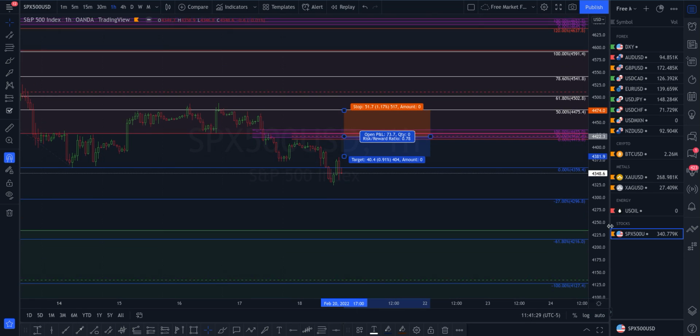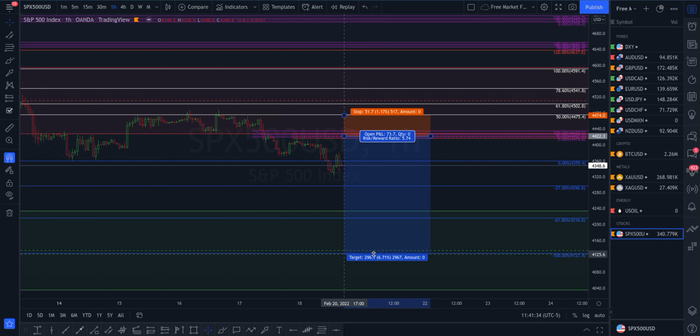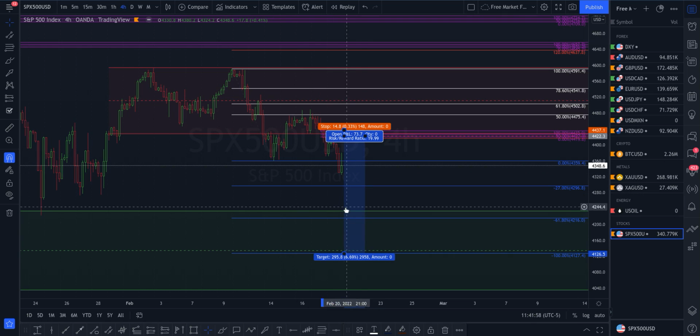Even if you stretched it out to the possible 100% extension, it's a 5x trade. I don't want to say that, so I will wait for my confirmation. Put my stops here. Wait for my confirmation. It's already on its 4-hour extension run.